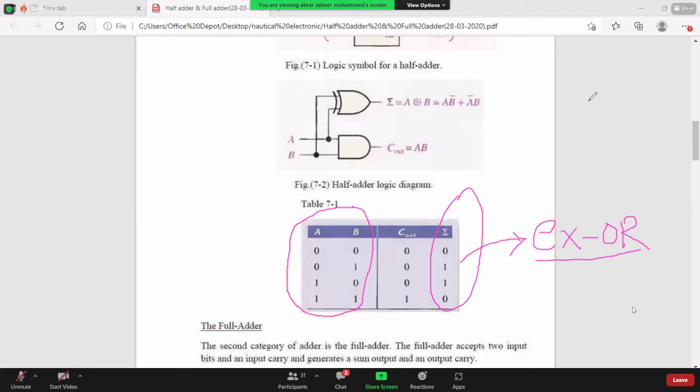Yes or no? Yes, sir. Because for the XOR gate, when both A and B are 0, the output is 0. For 0, 1, it is 1. For 1, 0, also 1. And for 1, 1, it is 0. XOR gate.